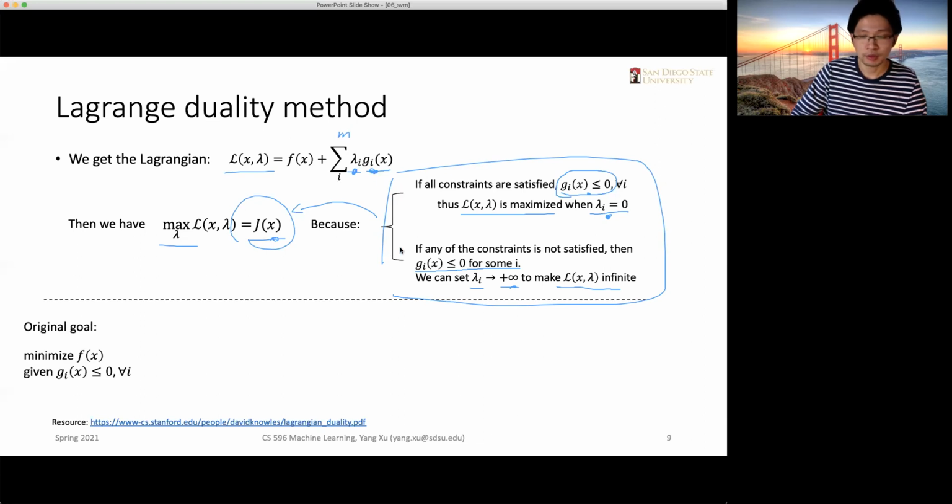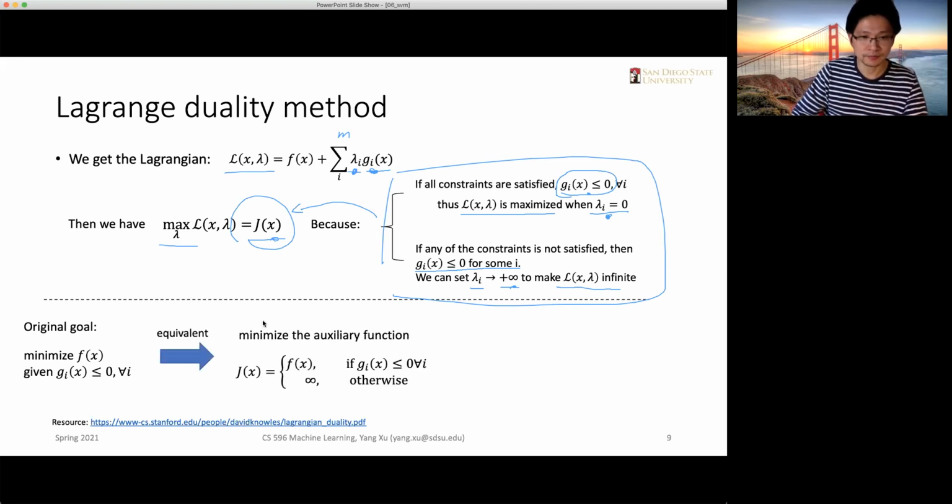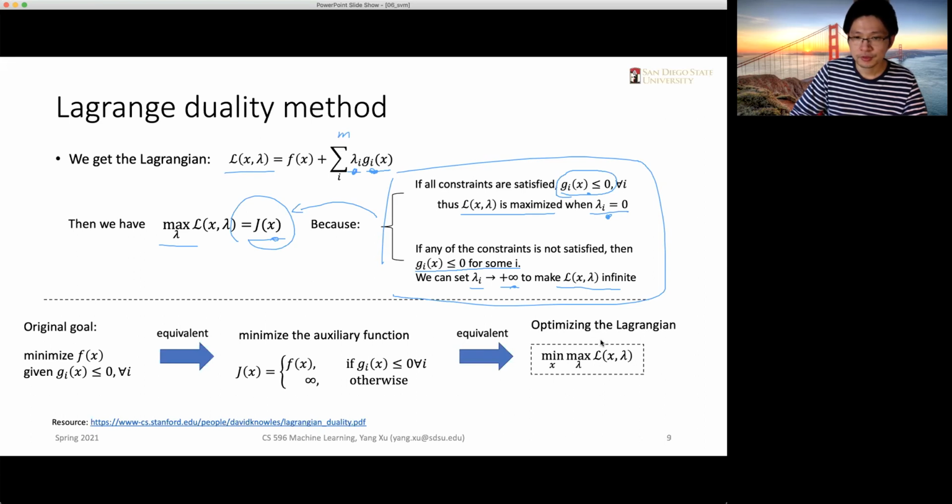Okay, so we kind of turn the original goal into a different problem. We want to minimize the auxiliary function, which is to optimize the Lagrangian. Because you see, there are two optimization steps.